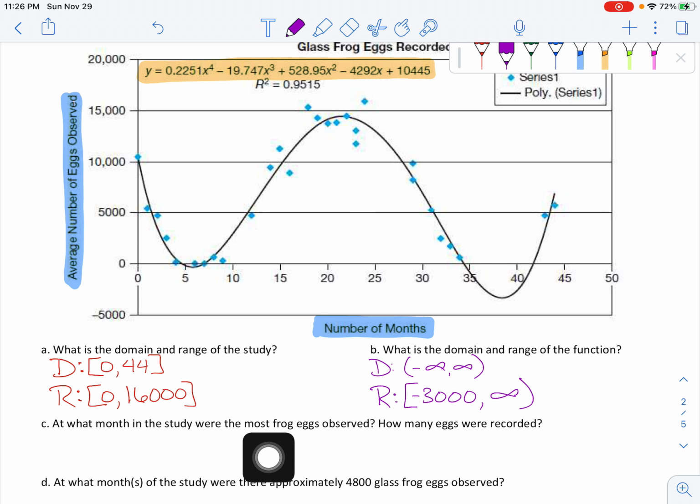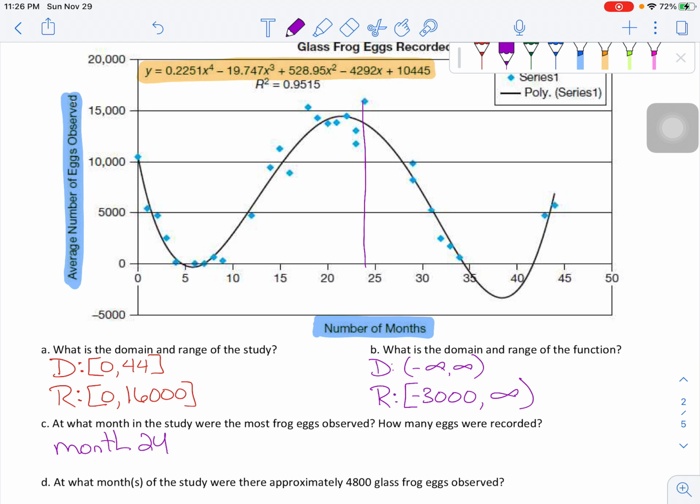In the study, most frogs' eggs observed, we're looking at this highest absolute point right here. If I kind of go down like this, let's call it about month 24. All right, so month 24.